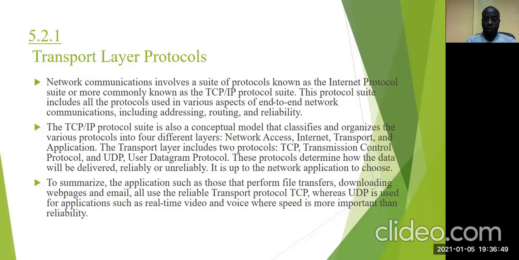We all know that for websites, web pages, and email, you need something that is reliable and secure. For UDP, like voice over IP, those are real-time things, and they need very fast reachability. In voice protocols, reachability is always a priority.